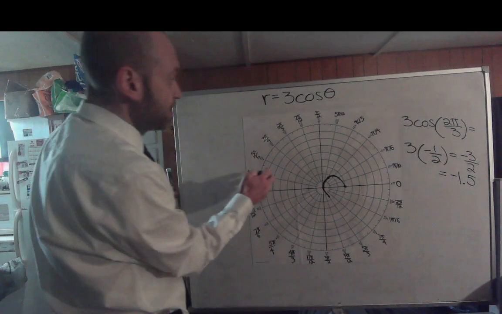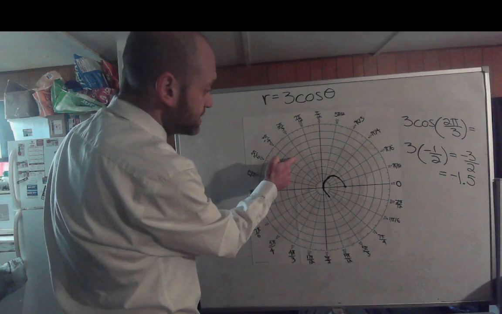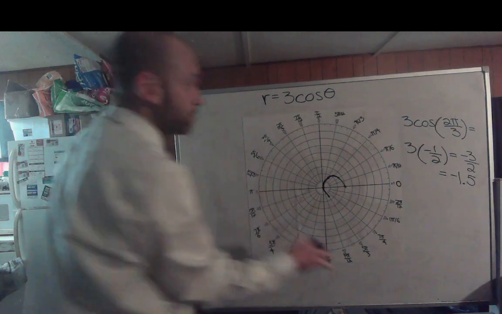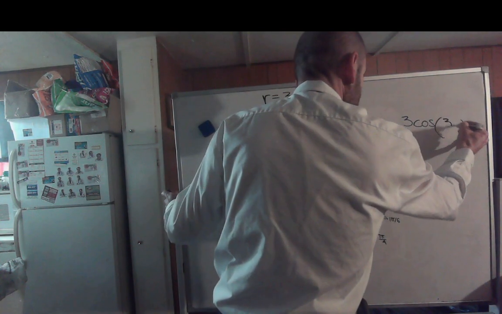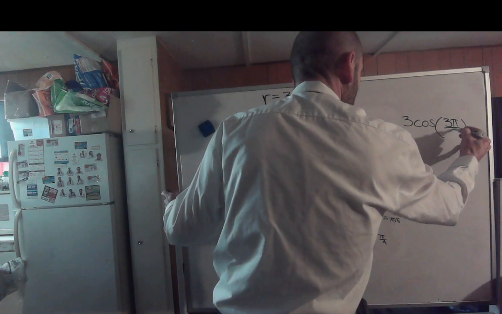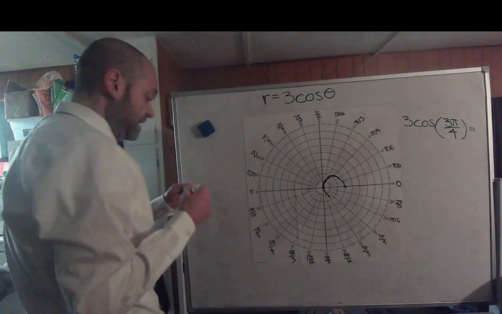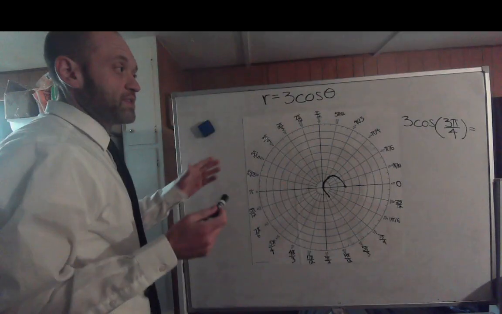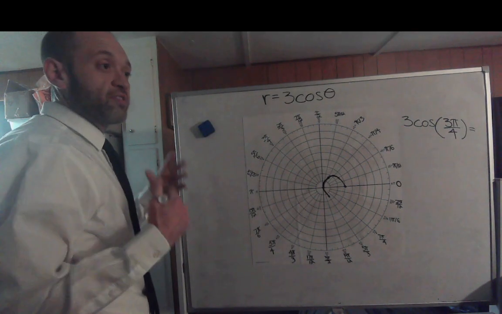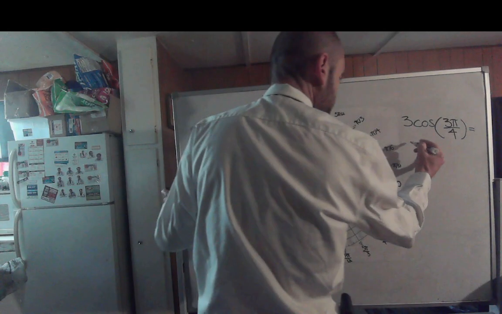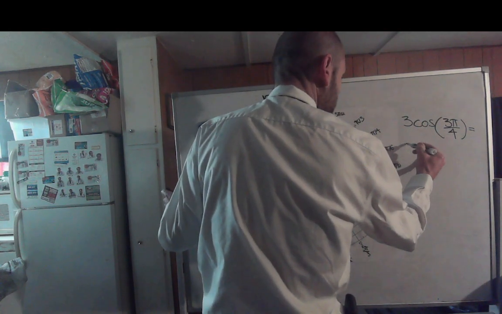Now the next angle in this is going to end up being 3 pi over 4. So let's take 3 times the cosine of 3 pi over 4. So again, cosine's always negative in the second quadrant. The cosine of pi over 4 is the square root of 2 over 2.